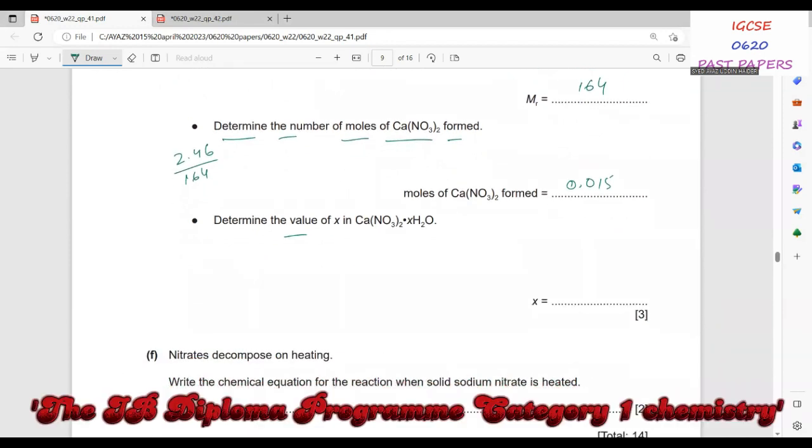Determine the value of X in Ca(NO3)2·XH2O.